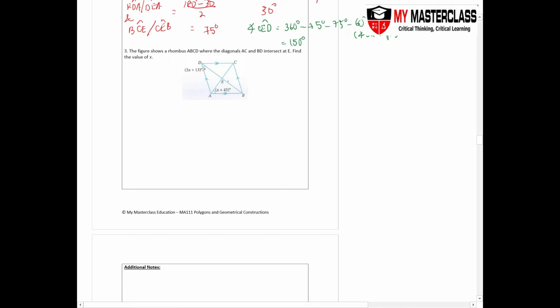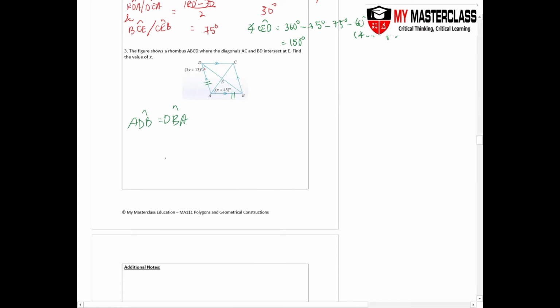Okay, so what does this mean? It means that in a rhombus, AB is equivalent to AD, correct? Which also means that ADB is equal to DBA. So therefore, what are you trying to see here?